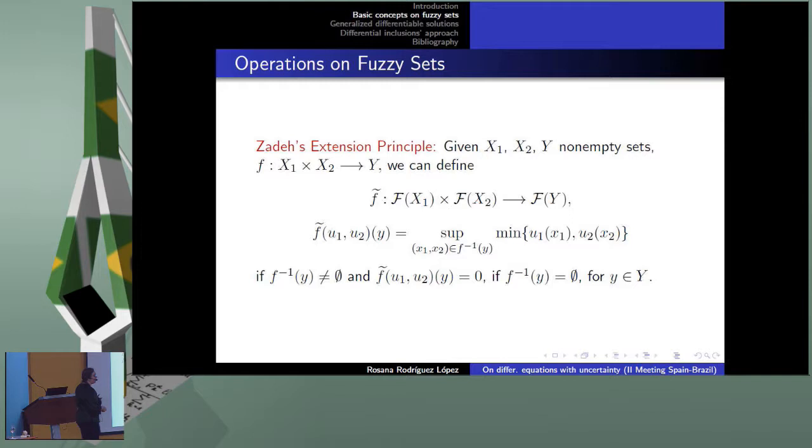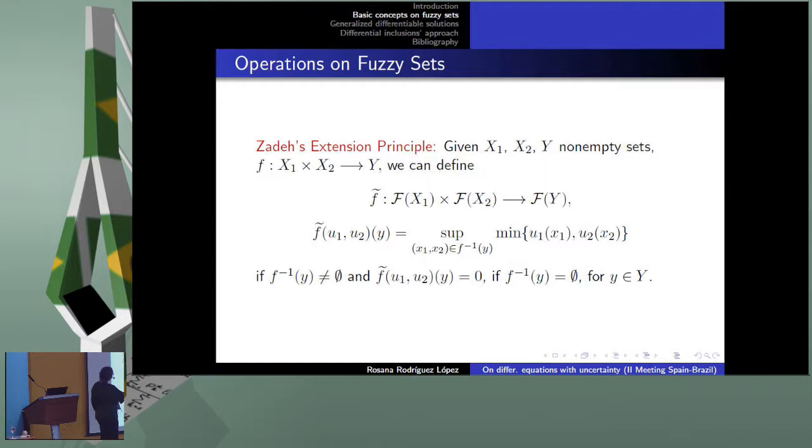That extension principle allows us to extend not only the addition and the multiplication by scalar. You can extend any other function f. In fact, you have an f defined on the Cartesian product of two non-empty sets with values in another non-empty set, and you can define the extension of f. This set would be the set of fuzzy sets over x1, I mean, functions defined in x1 with values in [0, 1].